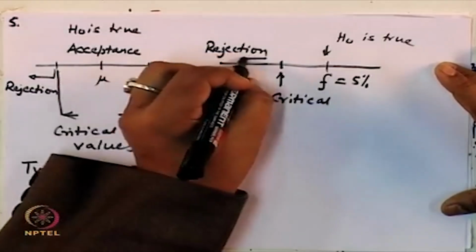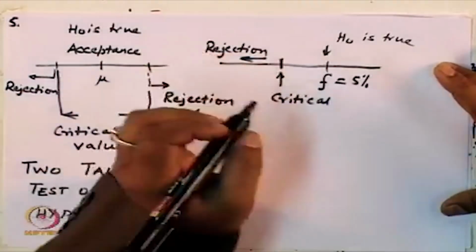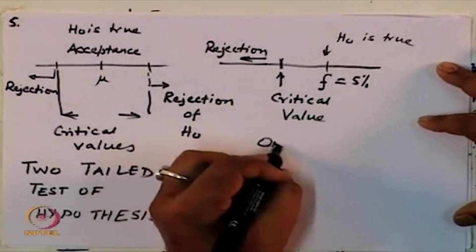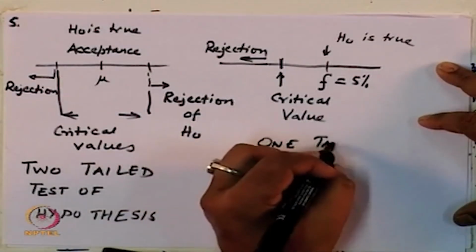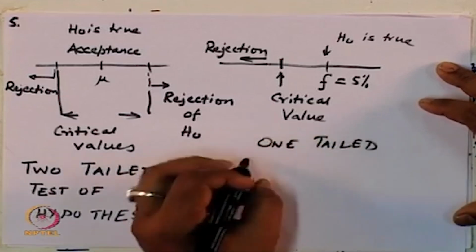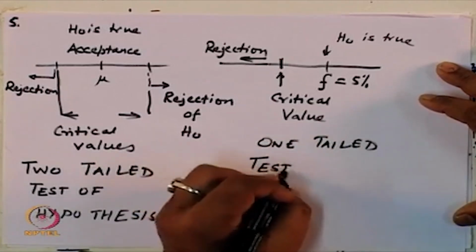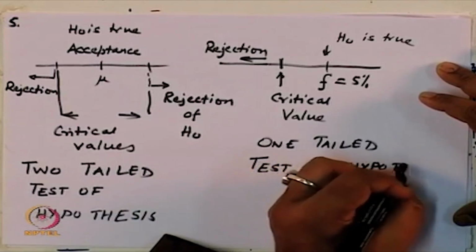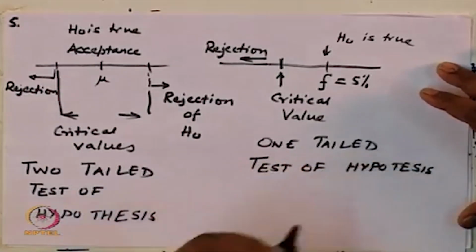This is your rejection region and this is your critical value. So, this is an example of a one-tailed test of hypothesis. So, these are the 2 possibilities.